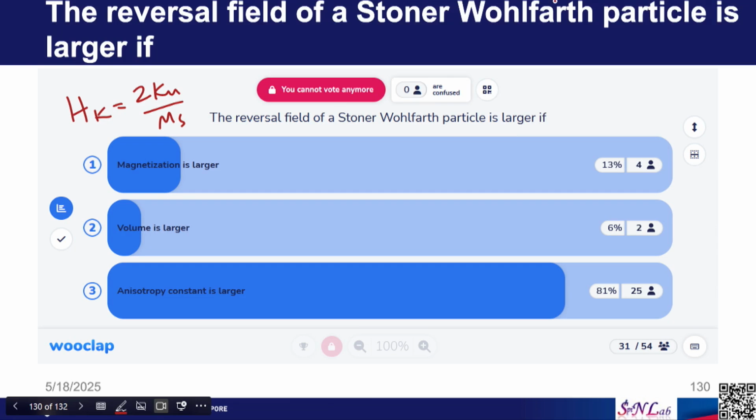Many of you are right. So, HK mainly depends on 2 Ku. It is inversely proportional to Ms. So, this is wrong. Four of you are not taking notes.